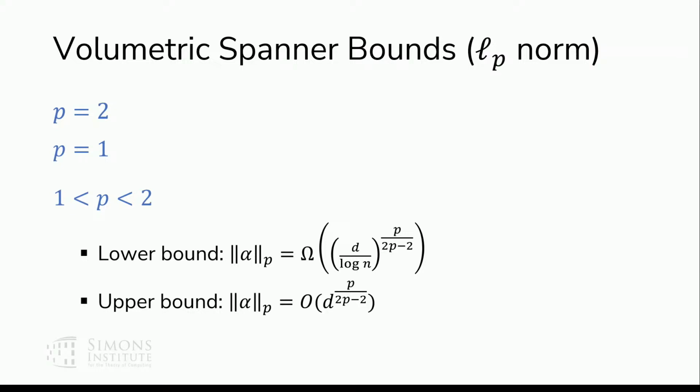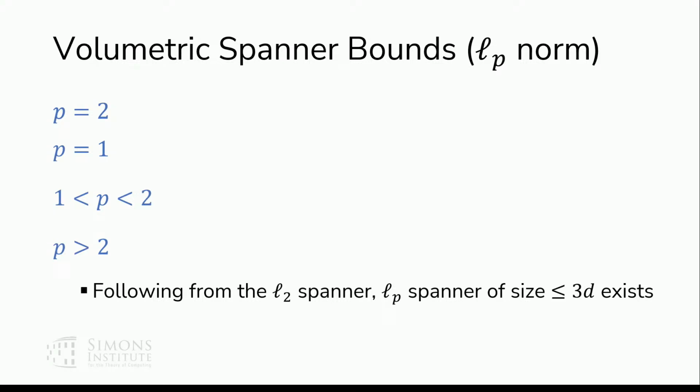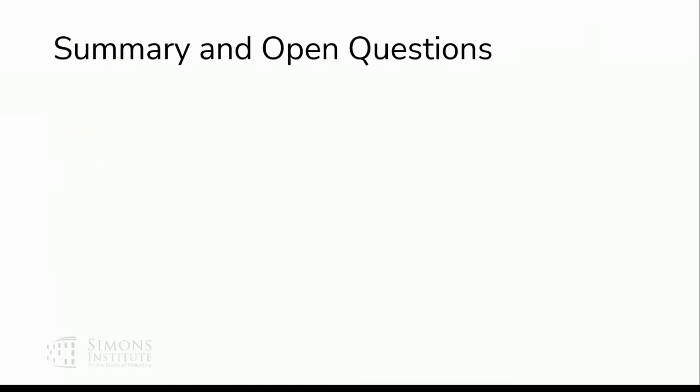The size is still 3D, or 2D existentially. And for p greater than 2, it simply follows from the L2 spanner. You can just use the L2 spanner, and it still has size less than 3D.